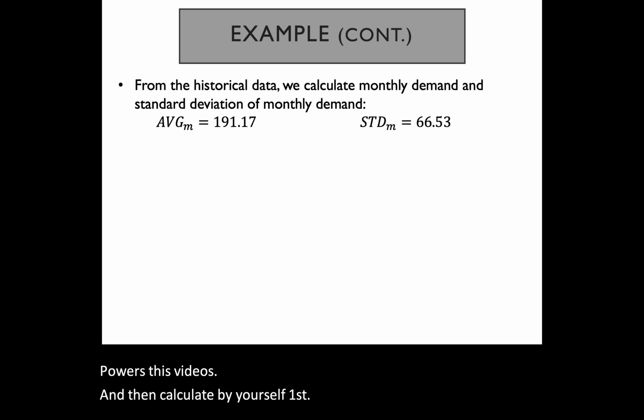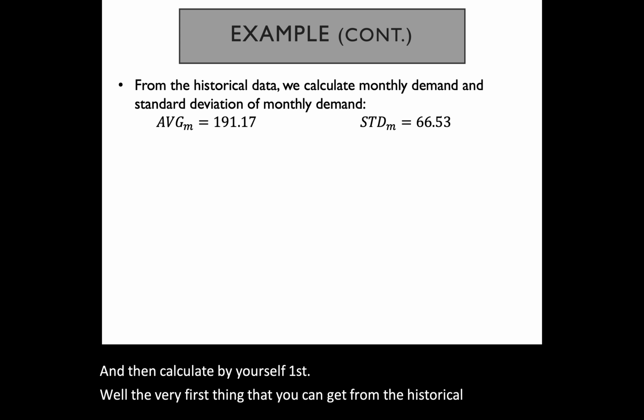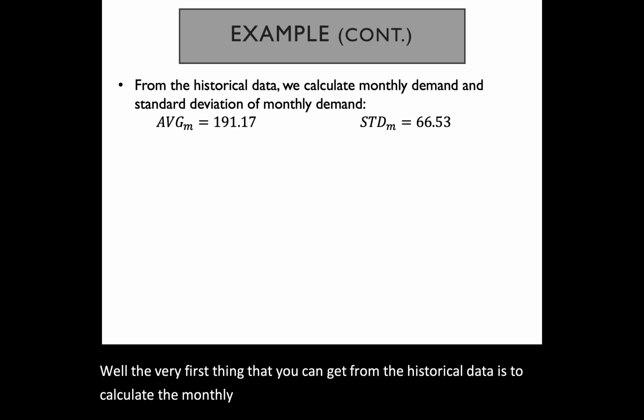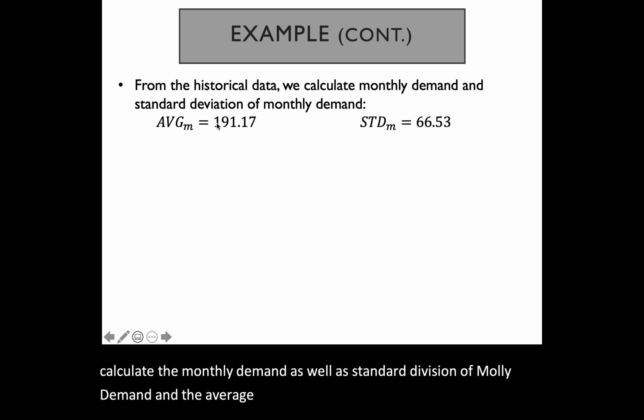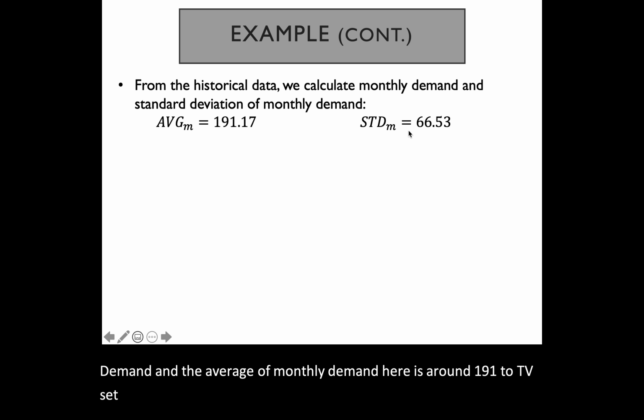Well, the very first thing that you can get from the historical data is to calculate the monthly demand as well as the standard deviation of monthly demand. The average monthly demand here is around 191 TV sets, and the standard deviation of monthly demand is around 66.